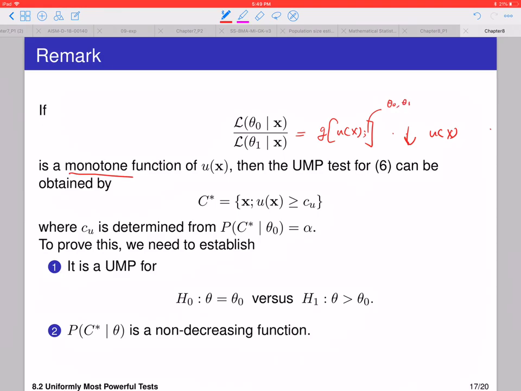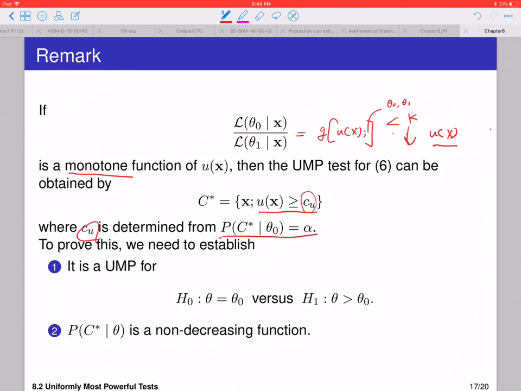But if this is a decreasing function of u(x), then setting it less than k is equivalent to u(x) being greater than or equal to a certain constant c, which is determined from the level alpha condition.